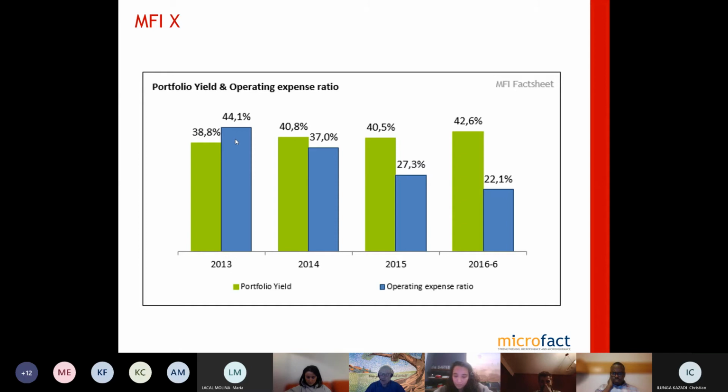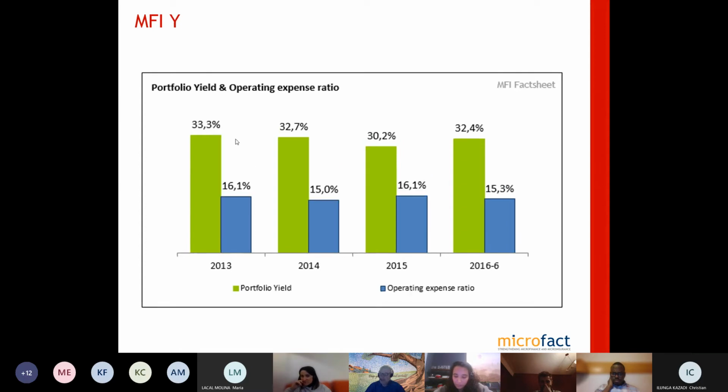Here we go. When we look at the figure of MFI Y, it's the large company, the more established one. So you can see that they have found the real balance of their operations. When we go to their portfolio, it doesn't mean that they don't grow their portfolio.